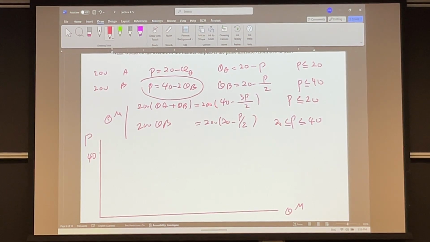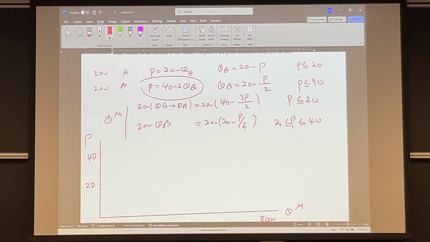That is 8,000. That's the other end of the demand. And the kink is when the price is 20. 20 is on both these two lines, so you can try either of them, you should get the same number.